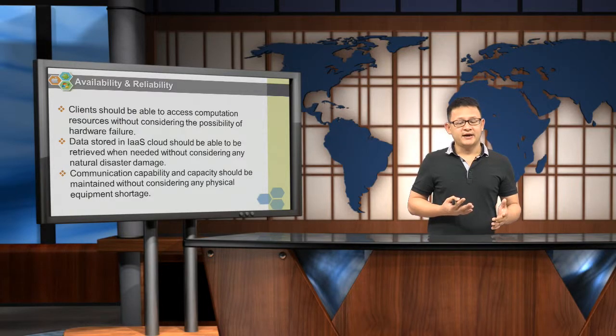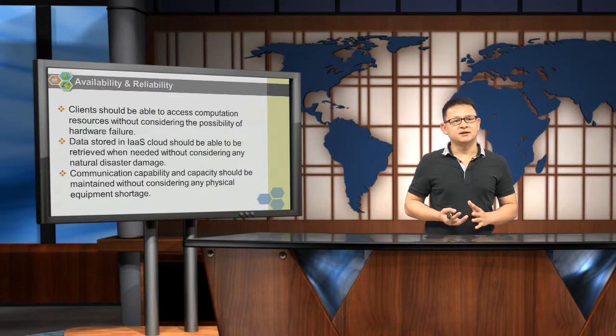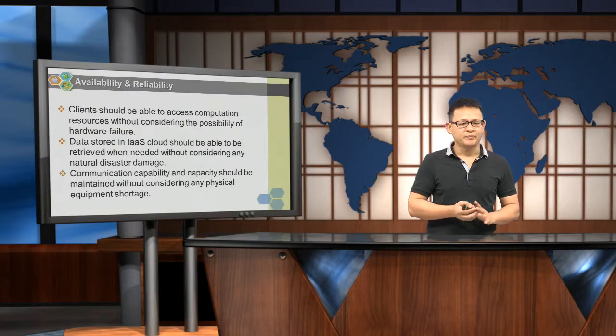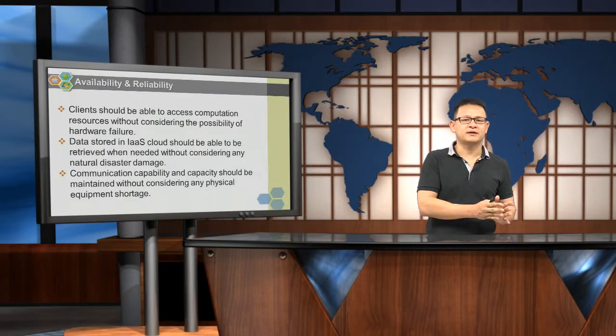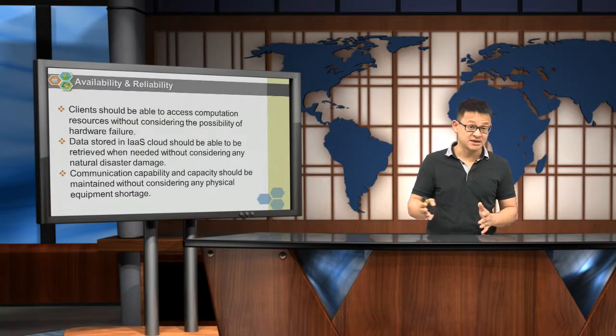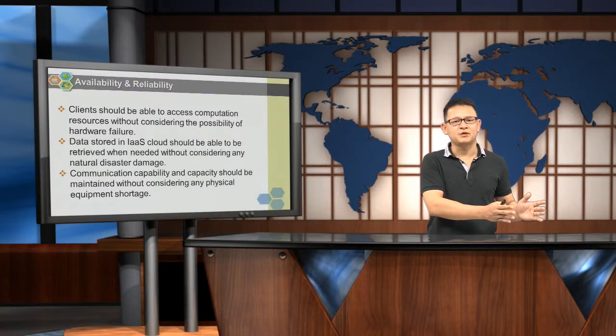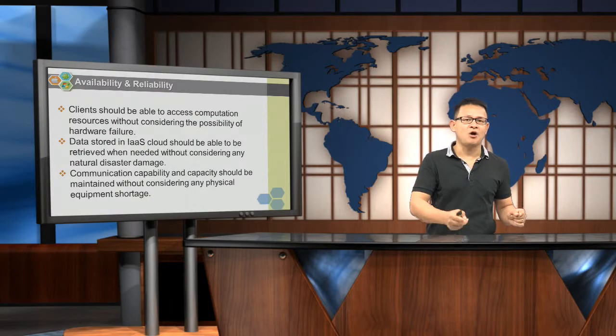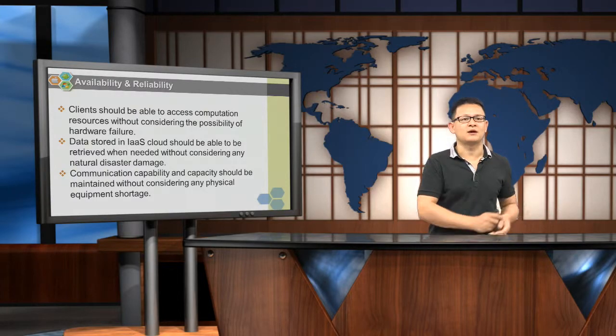This is a very good feature of IaaS, because when you can dynamically start a virtual instance, a virtual machine, then if something goes wrong with an instance or a resource, you can dynamically create or redirect the request to a new instance created to replace the failed one.